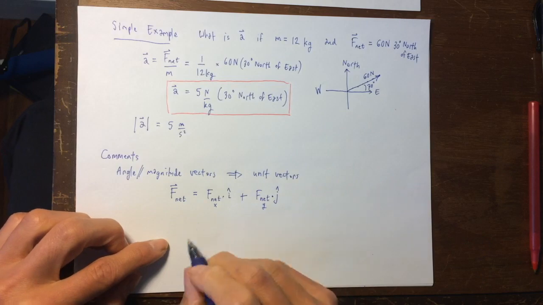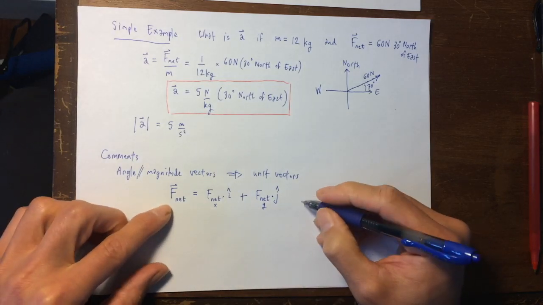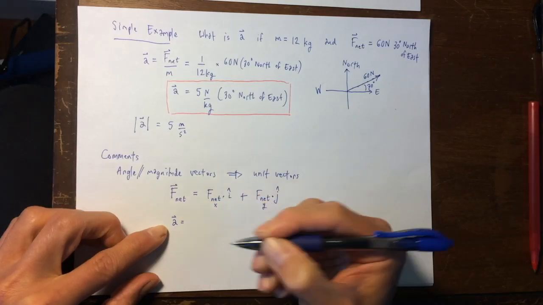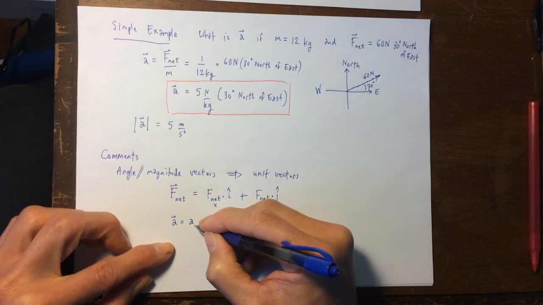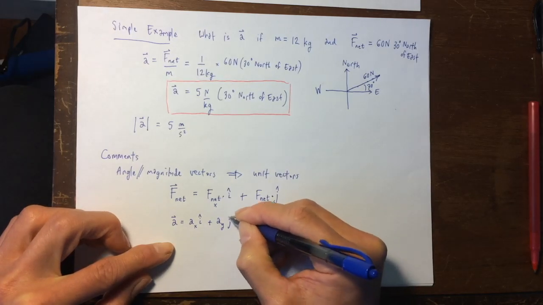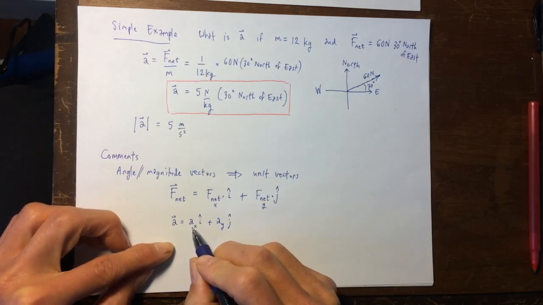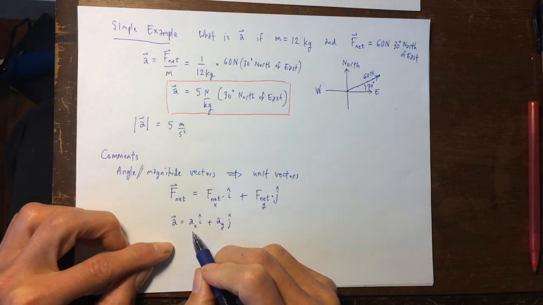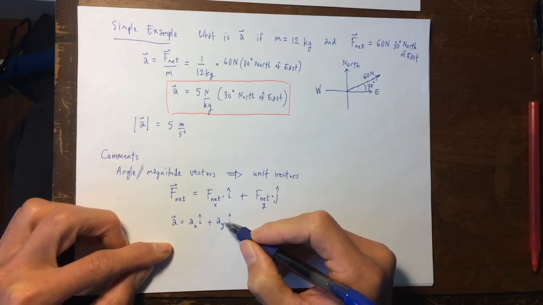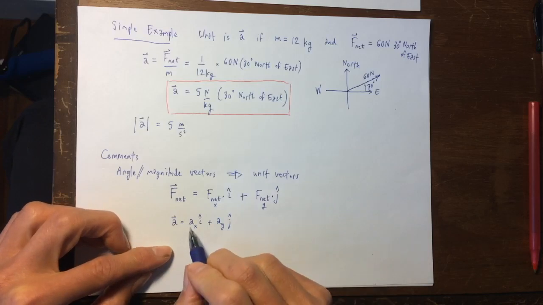You can actually just do a little bit of vector math. The acceleration vector is a sub x i hat plus a sub y j hat. This is the x component of the acceleration, can be a positive or a negative number. Also here, the y component, positive or negative, in meters per second squared.